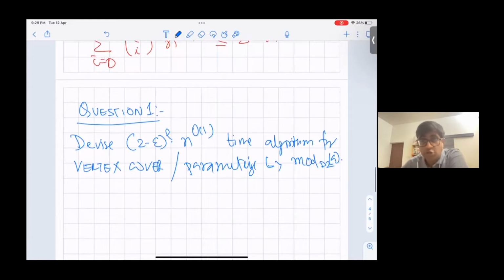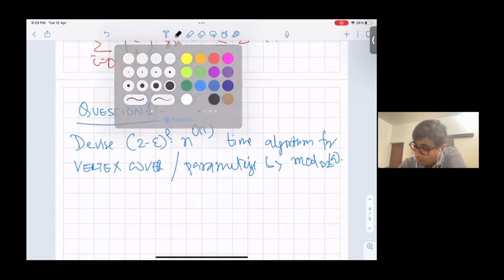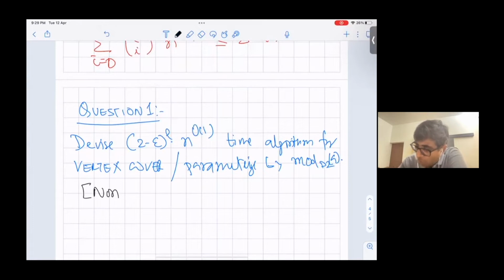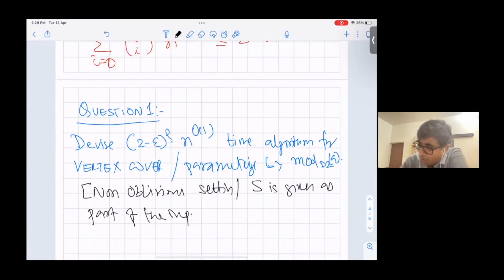And I'm only talking about the non-oblivious setting, in the sense that I gave you this set S. S is given as part of the input, that is, the modulator is given as a part of the input.